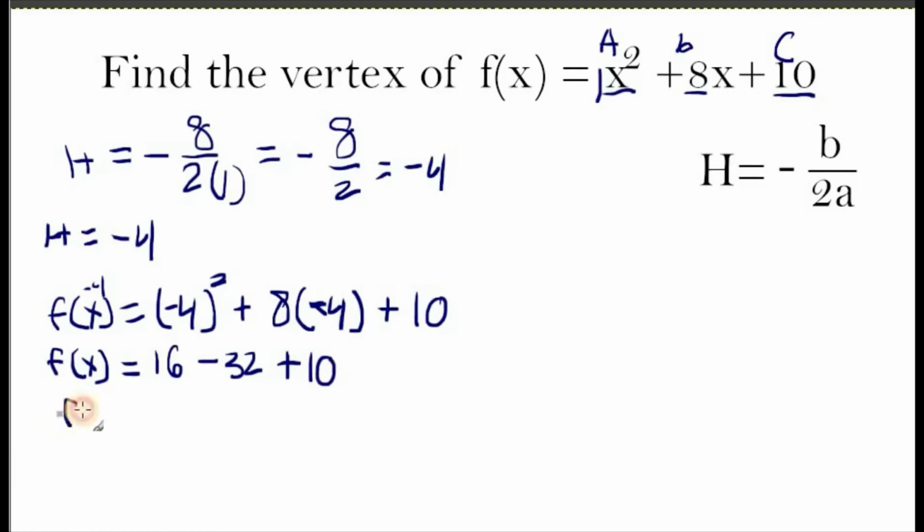Then we combine everything, so f of x is equal to 16 minus 32, which is negative 16, plus 10, which would be negative 6.